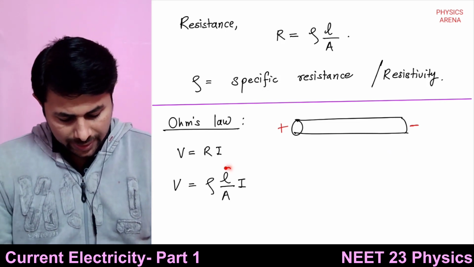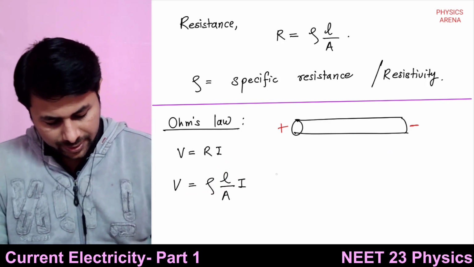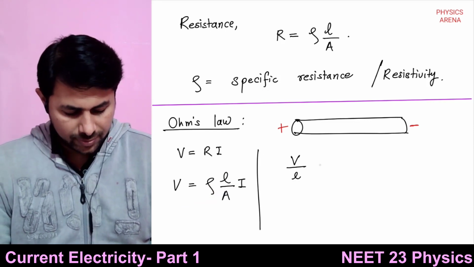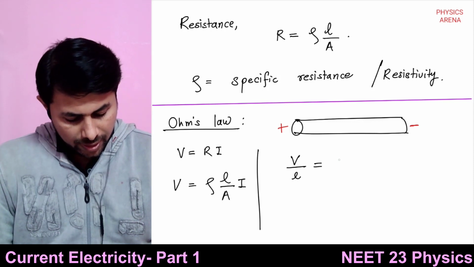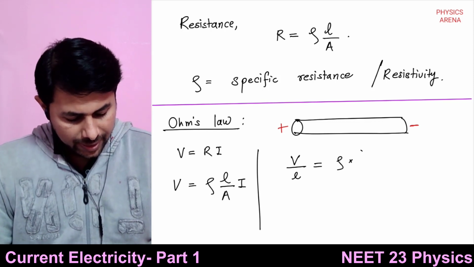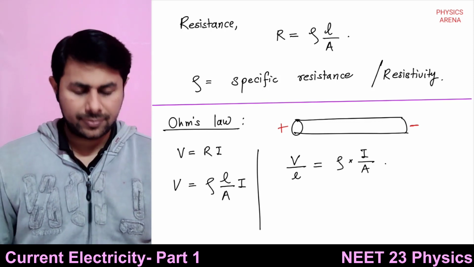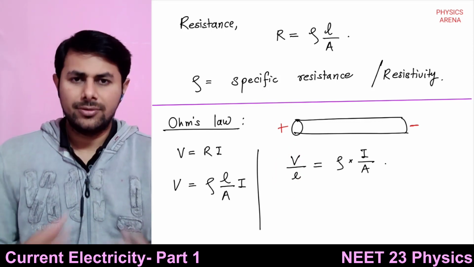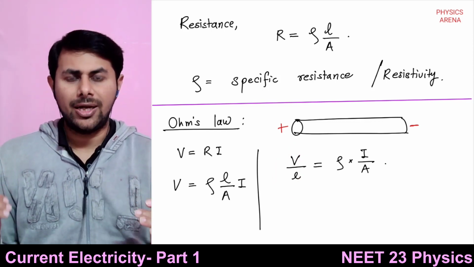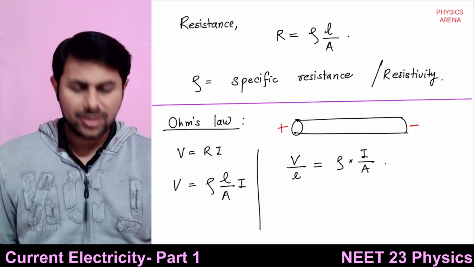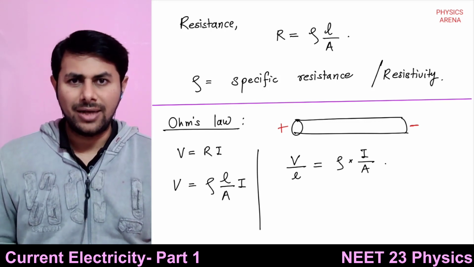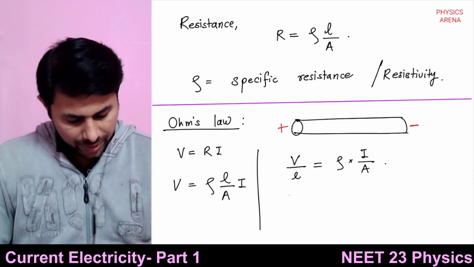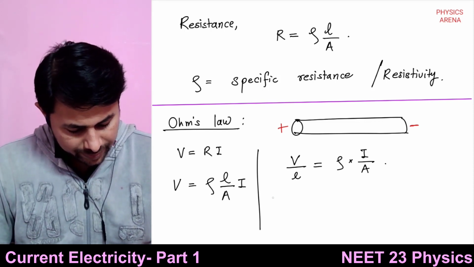And if you take length on the other side, I can write this as V upon L is equal to rho multiplied by I upon A. Okay, so what is V upon L? Potential difference divided by length. So you can say it is potential gradient, right? That is the electric field.